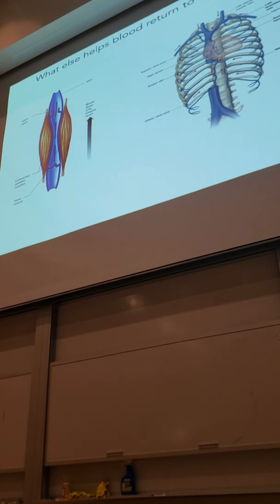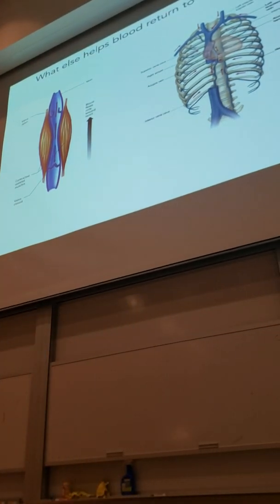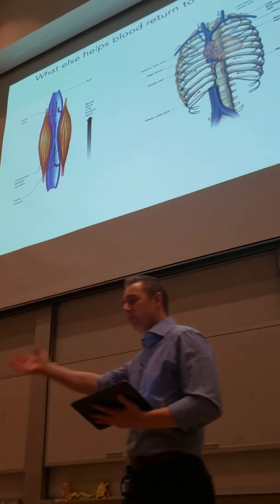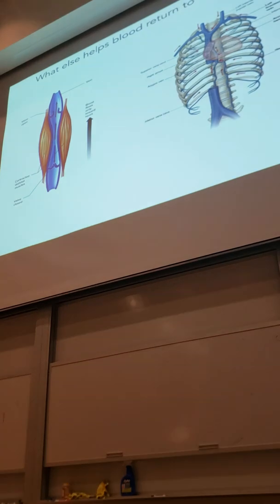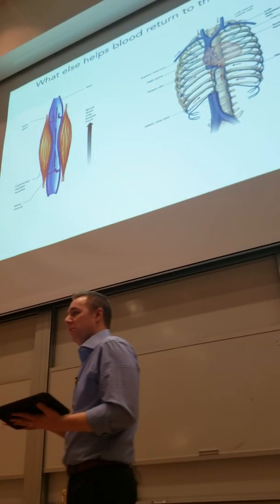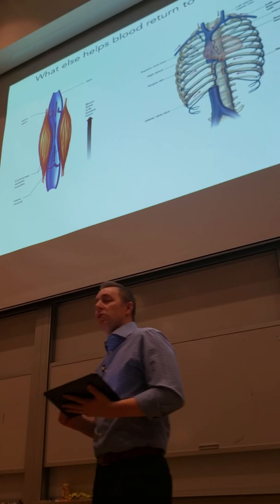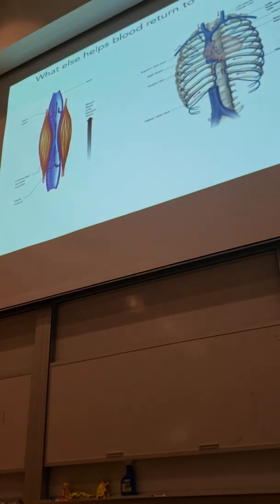The blood's under very little pressure, and so the blood actually needs assistance in some cases to find its way back to the heart. If you think 15 millimeters mercury to 2, that's not a very strong gradient. So that's a small delta P, which tells you that the rate of flow, liters per minute, is going to be very small. So in order to encourage flow, we have a couple of mechanisms.